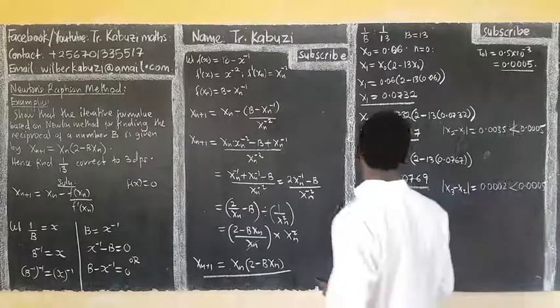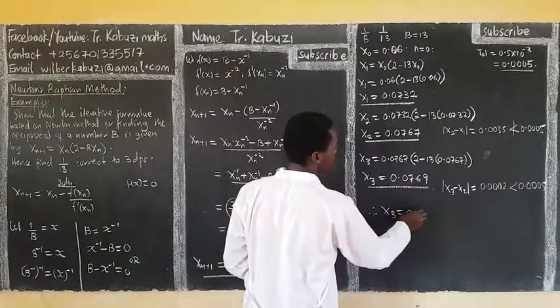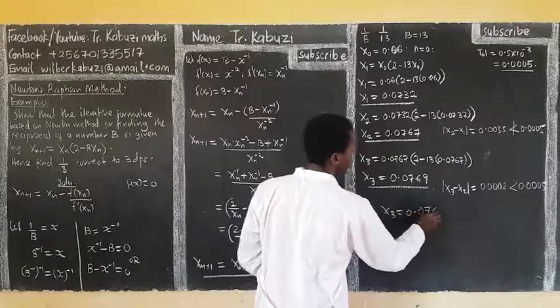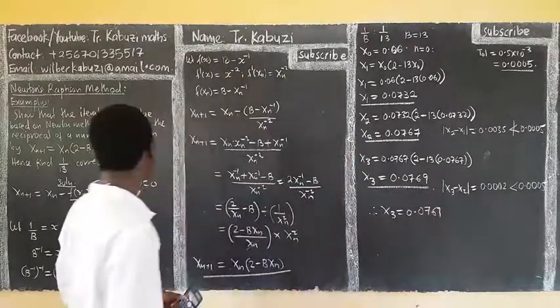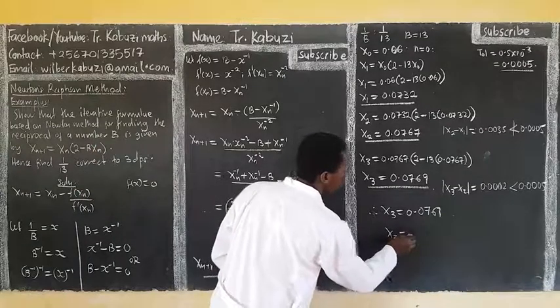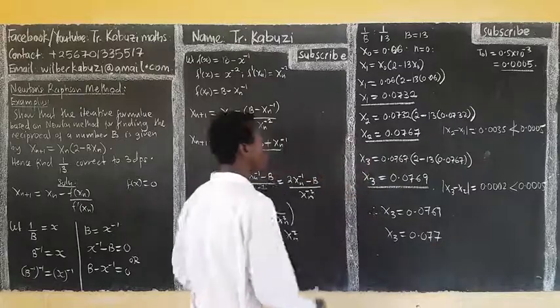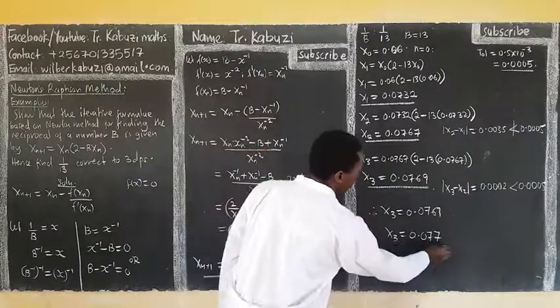So meaning, therefore, our x value is going to be 0.0769. Now they want 3 decimal places. So our x3 to 3 decimal places will be 0.077. So this is going to be now our root.